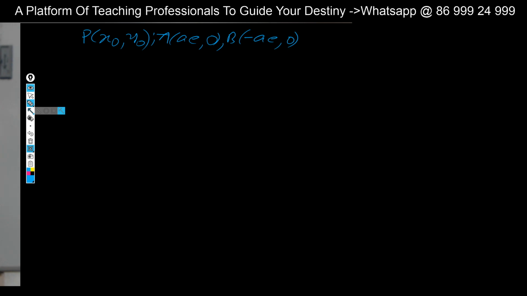The sum of the distances from P to A and B, that is PA plus PB, is given to be 2a. This is the data given.